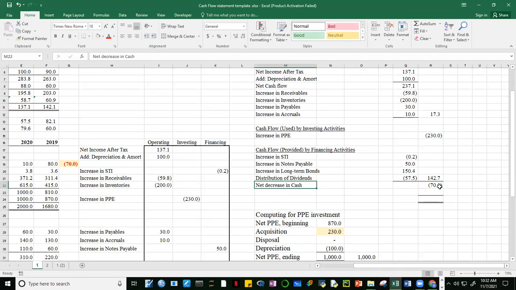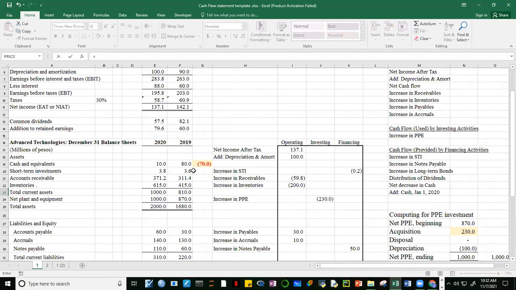Okay, net decrease in cash. Then we add cash balance, beginning, or cash on January 1, 2020, which is the beginning. My cash, the beginning is, okay, this one, 80.